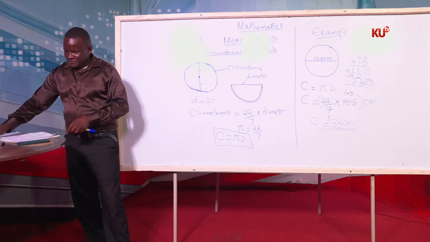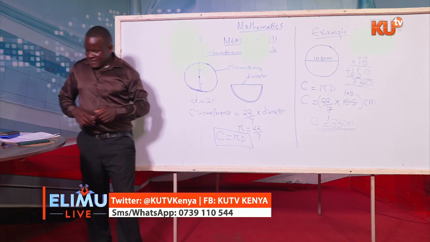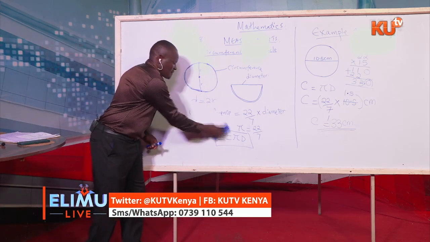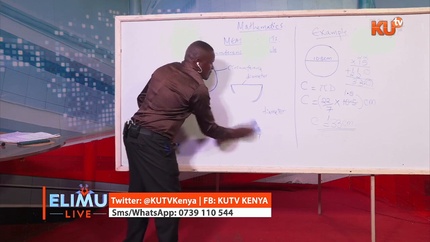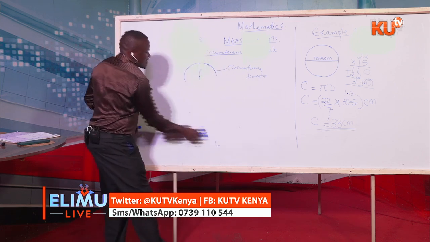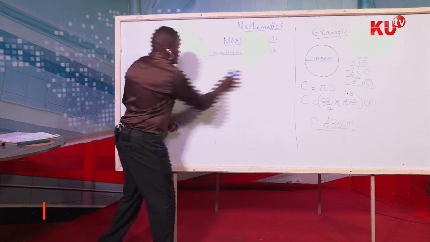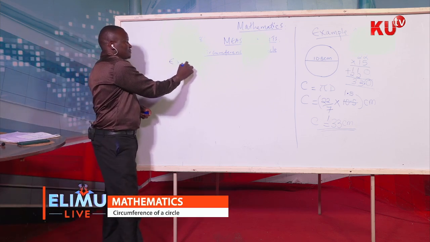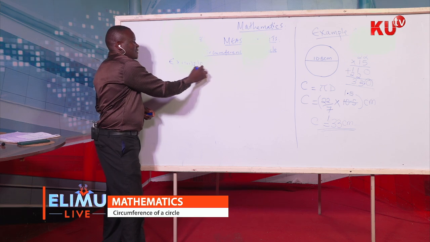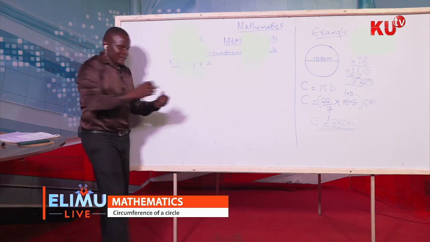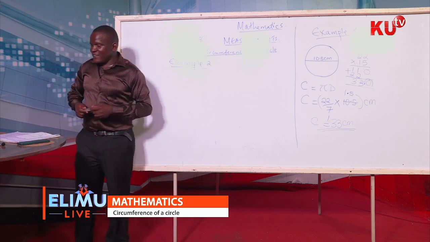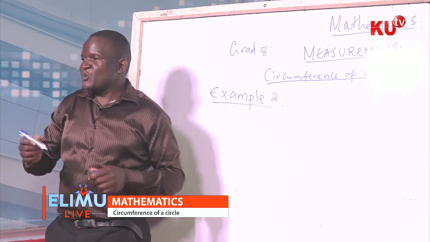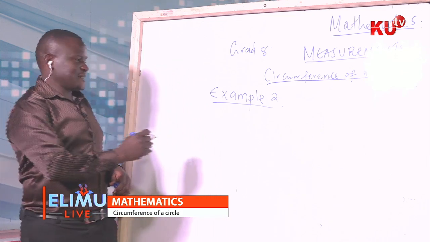We are moving on to the next example. Example 2. Find the circumference of the circle whose diameter is 4.9.